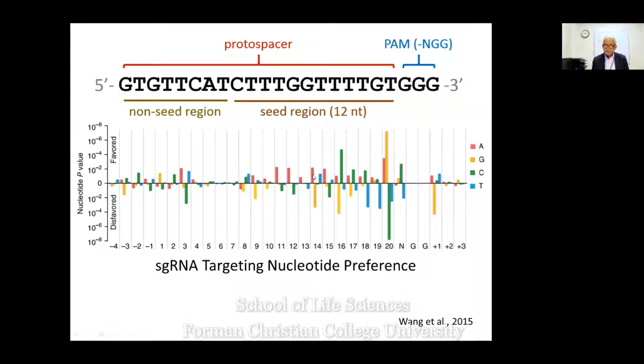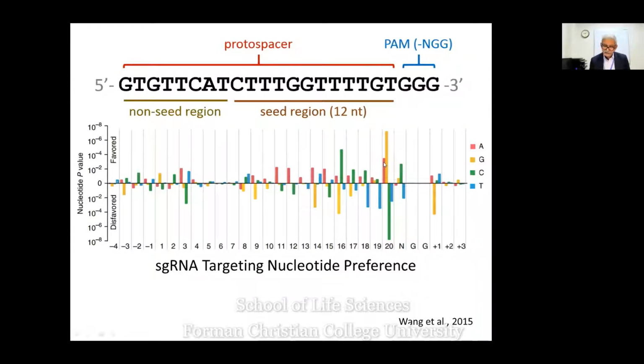Okay. So this is what you consider when you select a Proto-Spacer. Okay. And how you select it, we will talk about that later on. But this specificity tells us about certain rules. The rule, like the 20th nucleotide must be either a G or an A. So we make it a rule.